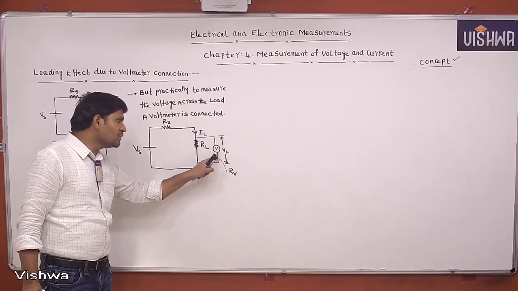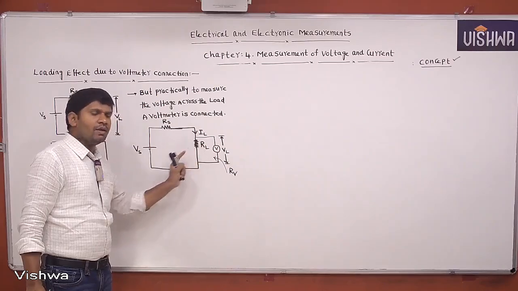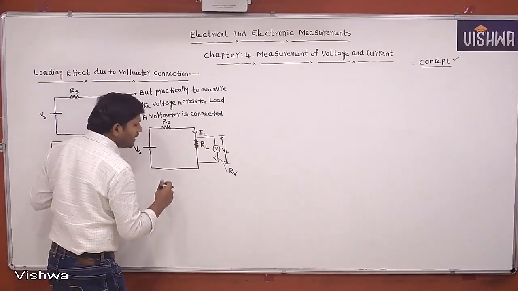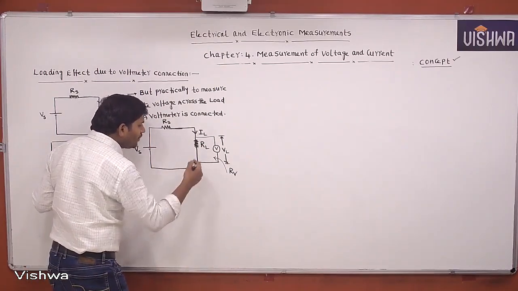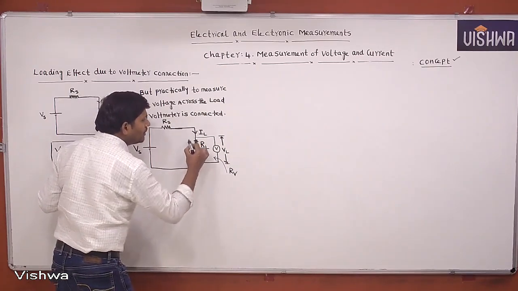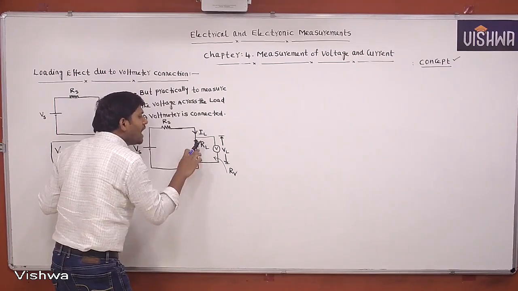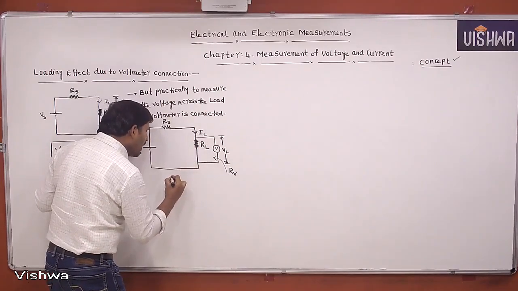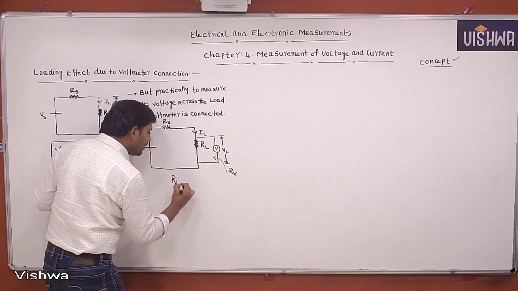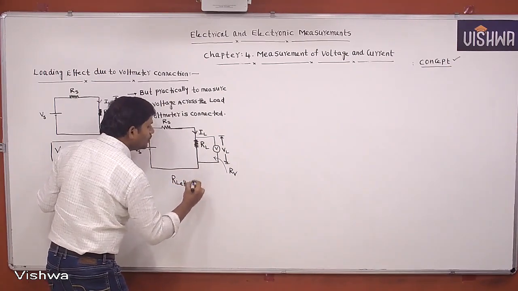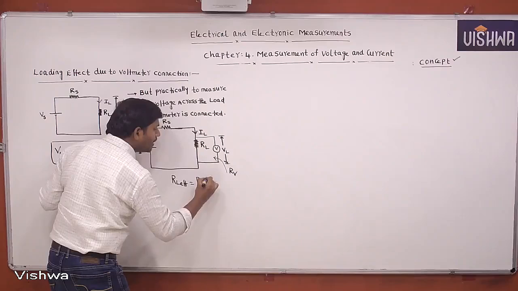Now this resistance will come in parallel with RL. That means whenever voltmeter is connected, in this circuit the total resistance is not RL. The effective value of resistance is RL effective, that equals RL in parallel with RV.